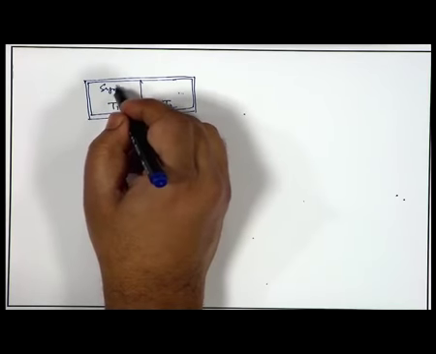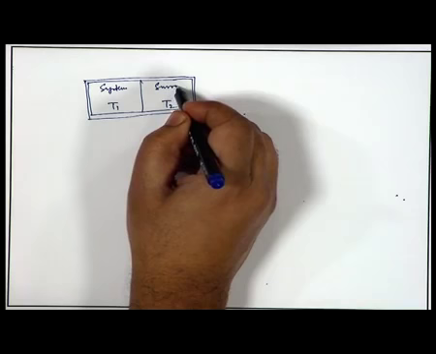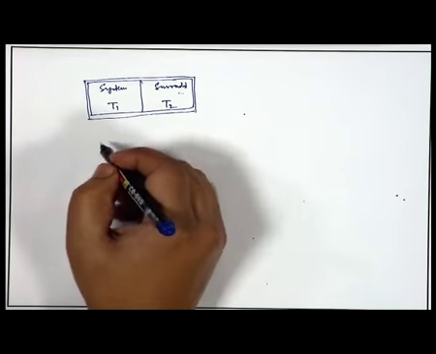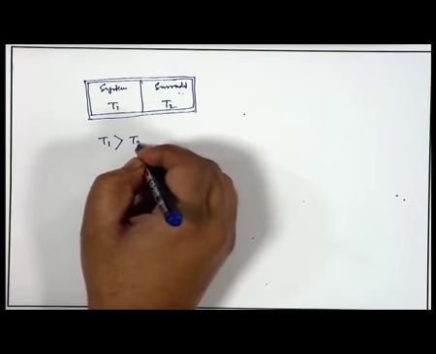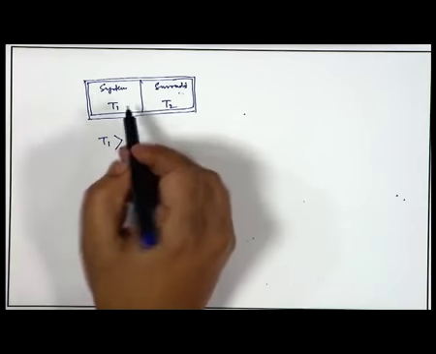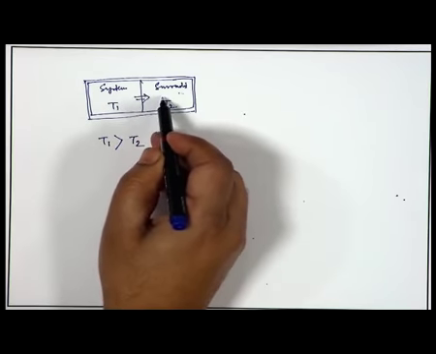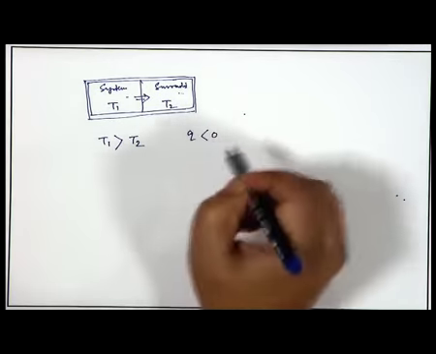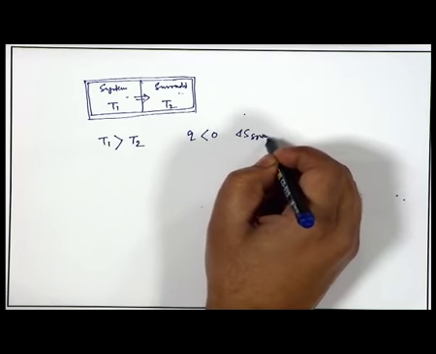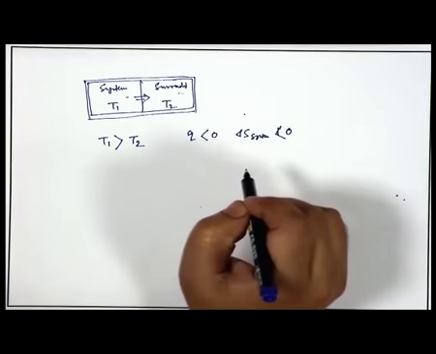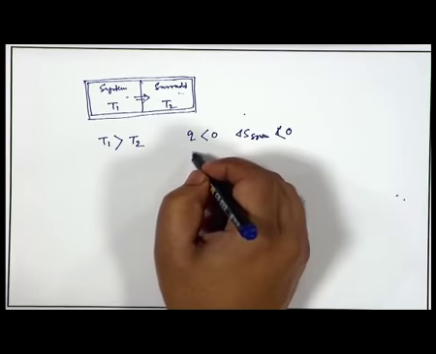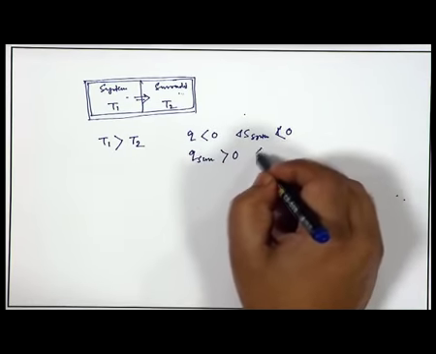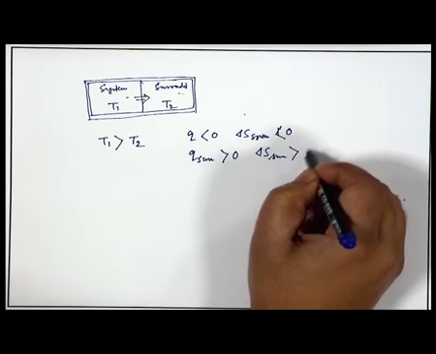If I think this is a system, this is surroundings, then from experience we know if T1 is greater than T2, the energy will flow as heat from system to surroundings. So, Q will be negative and delta S system will be less than 0, and Q of surroundings will be positive and delta S surroundings will be positive.